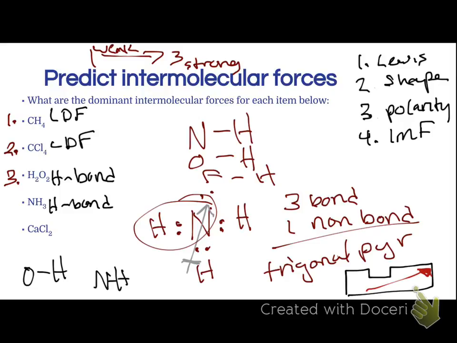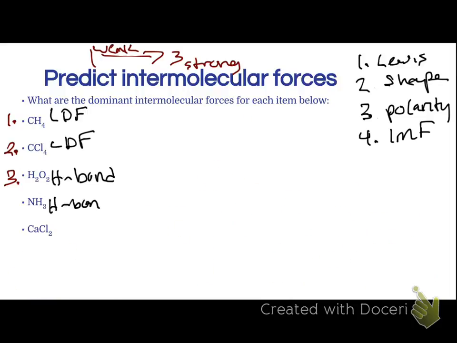So I look at oxygen and nitrogen, and they're next to each other, but oxygen is farther to the right. That means that the OH interaction is probably going to be stronger because oxygen is more electronegative. So it's pulling the electrons away from hydrogen much more strongly than the NH bond does. Okay, so that means not only is this a hydrogen bond, but it's a stronger hydrogen bond than the one we had from hydrogen peroxide. So we could rank it as number 4.